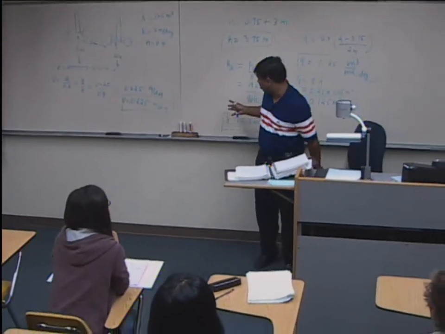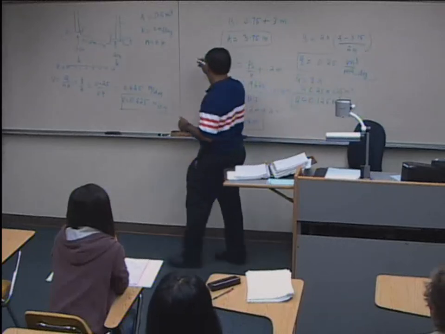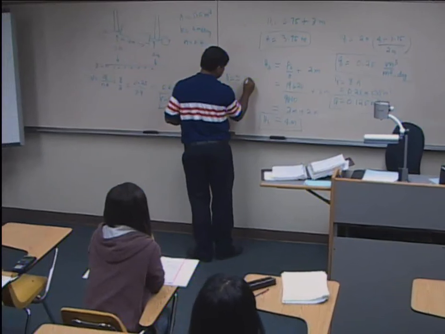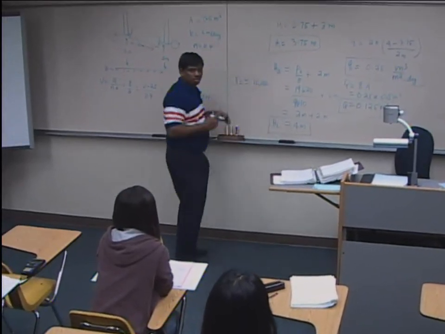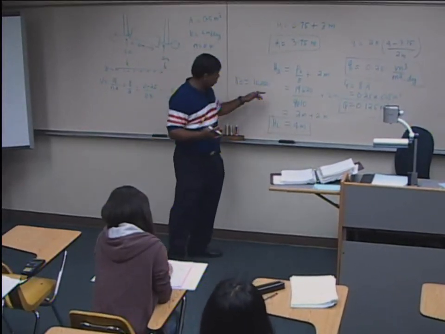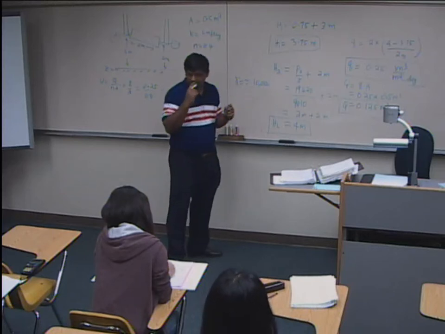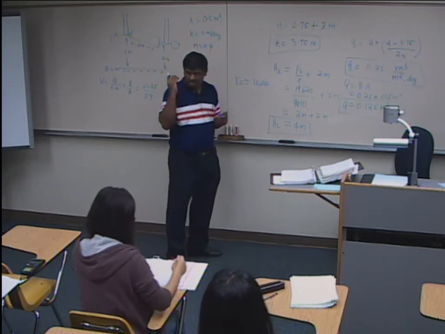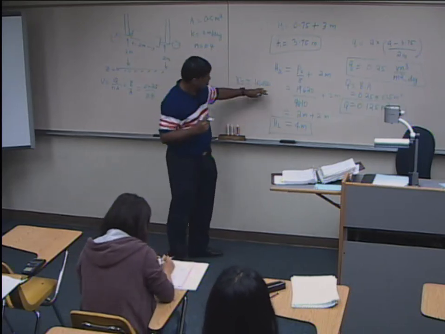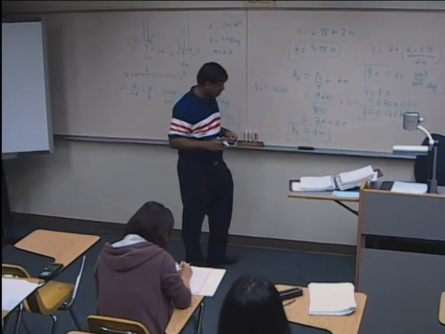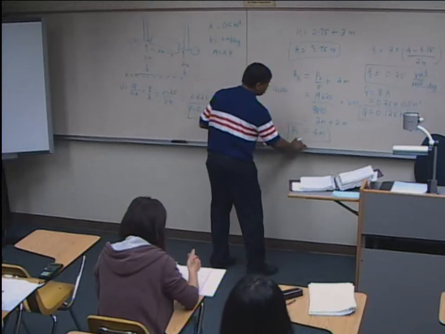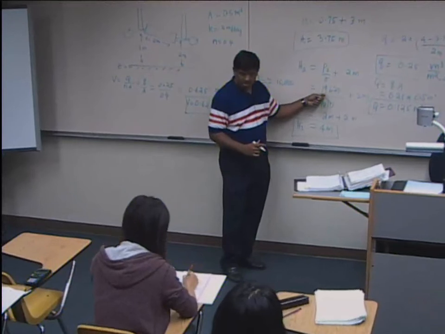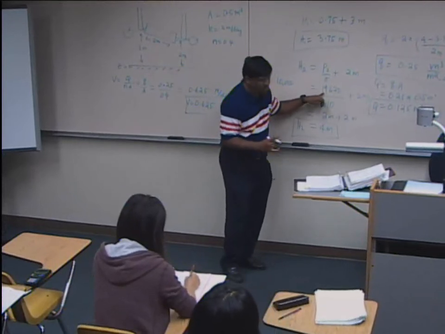It's basically using this P by gamma, and an easy way to do it is gamma is approximately 10,000. So if I give everything in Pascal, you can just divide by 10,000. That will give you some estimate. When you calculate numbers, always have an approximate estimate first. So if a Pascal or Newton per meter squared value is given, immediately divide by 10,000, and it should be around 1.9.